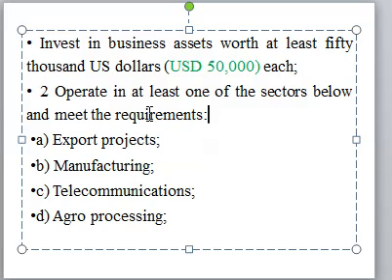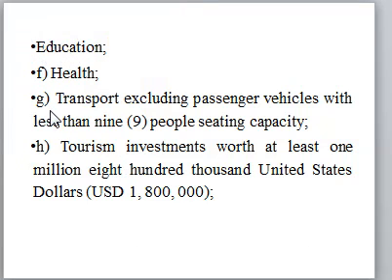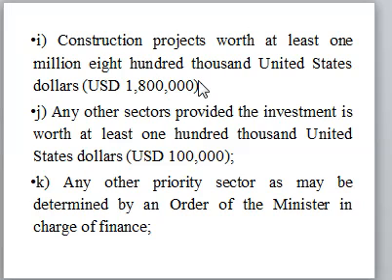The priority sectors we have here are export projects, manufacturing, telecommunication, agro-processing, education, health, and transport. But in transport, the vehicle must be 9 passengers and above. Tourism, the amount of investment must be at least 1.8 million US dollars. Similarly for construction, the value of investment must be at least 1.8 million.